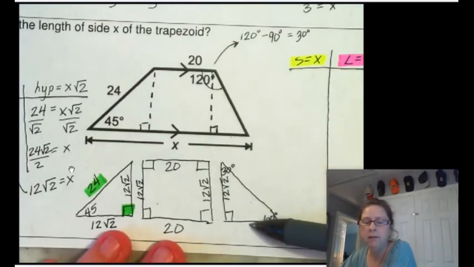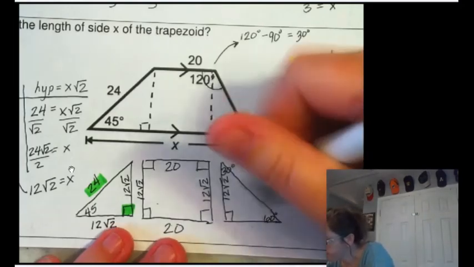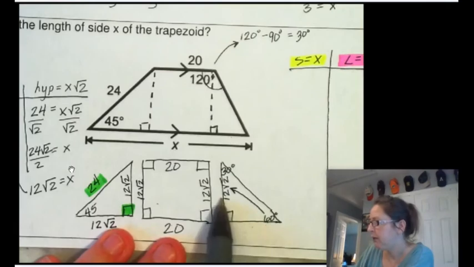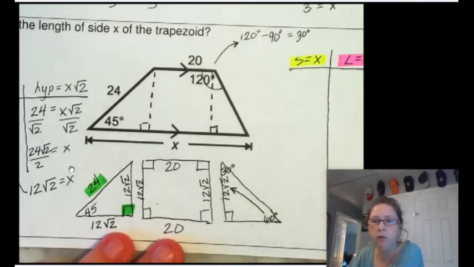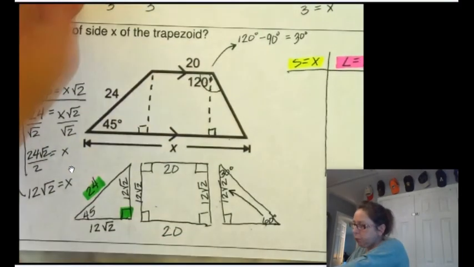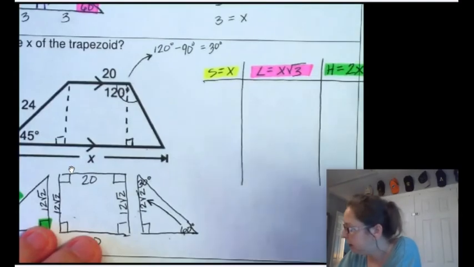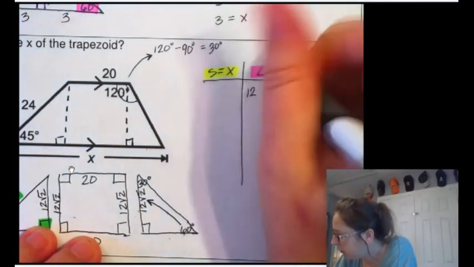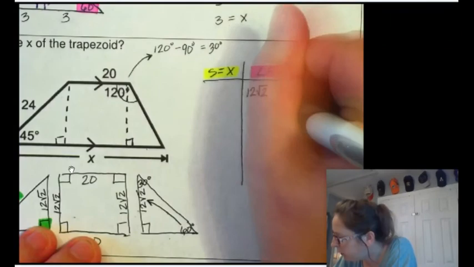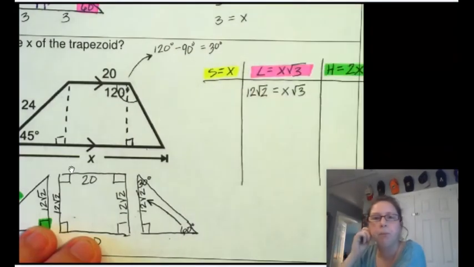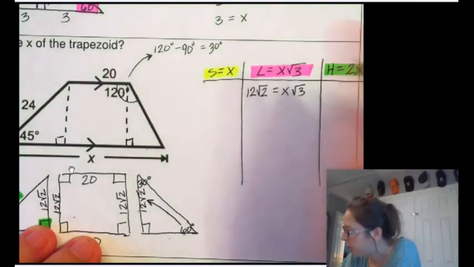Okay, so let's then start with what I know. This is opposite the 60-degree angle, which means 12 square roots of 2 is my large side. So let's do my large side is 12 square roots of 2, and that's equal to this ratio. To figure out what x is, I need to divide by the square root of 3.